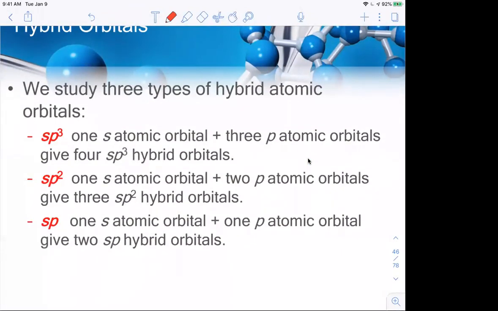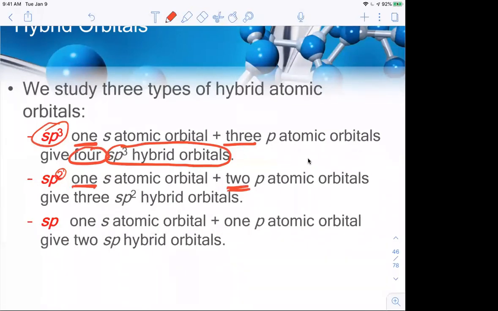So if I look at the designation, sp3, I have one s and I have three of the p orbitals. That gives me four, three plus one, sp3 hybrid orbitals. sp2, I have one s atomic orbital and two p atomic orbitals.